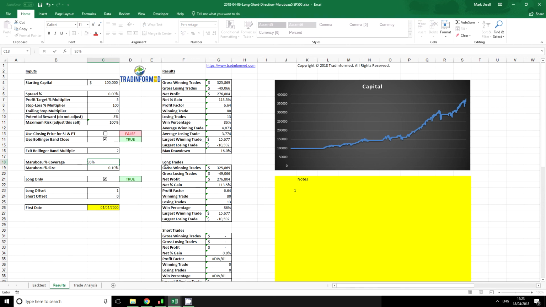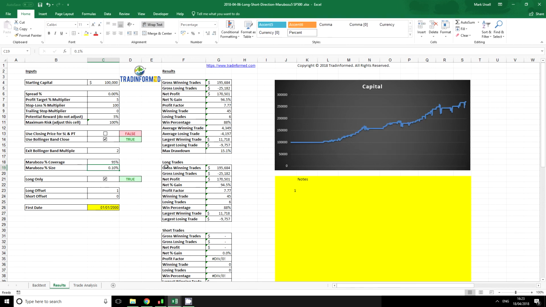I'll put it up to 95%, and again we can see it makes a difference to our win percentage and our strategy performance. The percentage size is simply how large the candle has to be, so we're not entering on any really tiny candles which can occur when there's not a lot happening in the market.